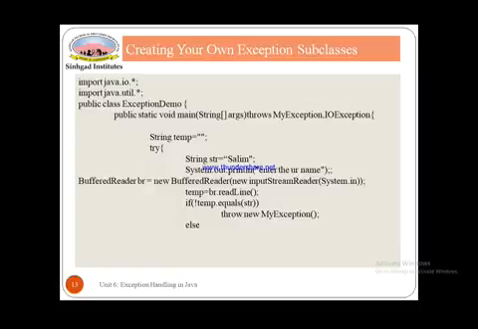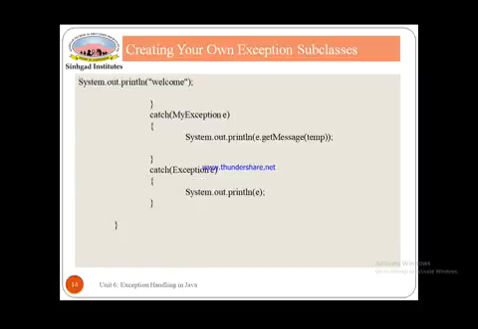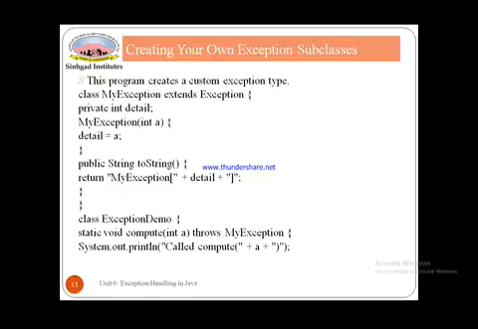If not temp.equals(str), throw new MyException, else System.out.println("Welcome"). In the catch, MyException e, System.out.println(e.getMessage(temp)), then another catch block, Exception e, then System.out.println. So there is a subclass of our own exceptions.